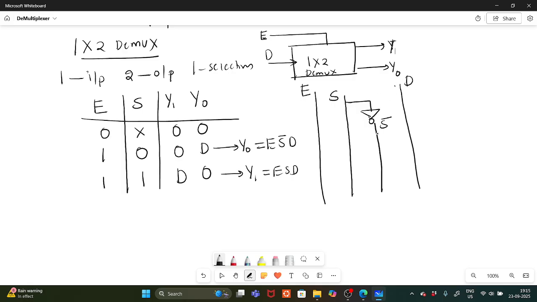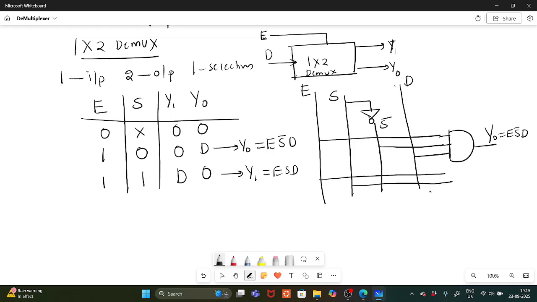Enable, S bar, D is connected with an AND gate, so y0 equals enable S bar D. And next, y1 equals enable S D.